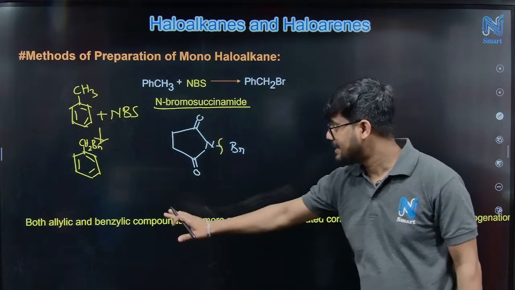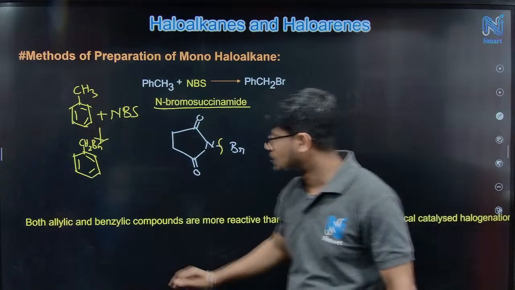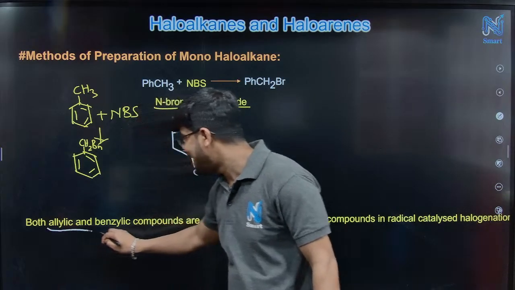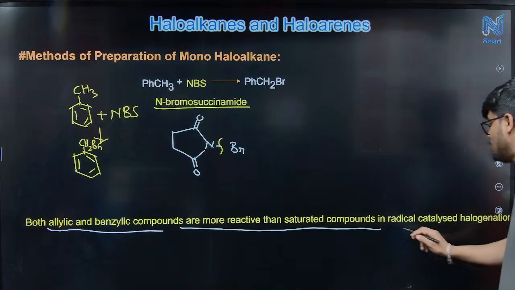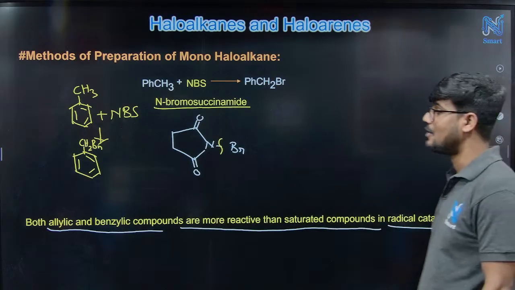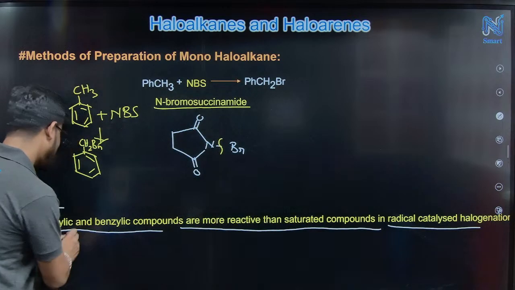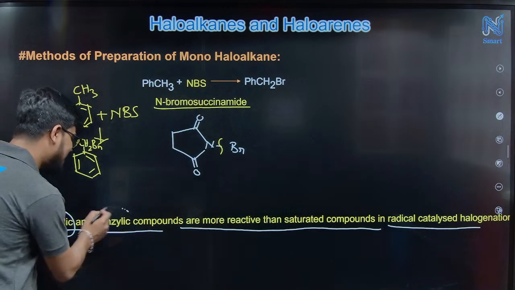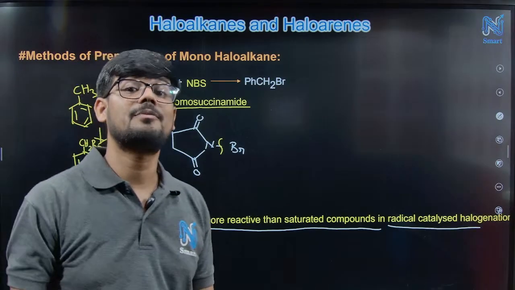This sentence is very important, because here we are saying allylic and benzylic compounds are more reactive than saturated compounds in radical-catalyzed halogenation reactions. Whenever we have allylic and benzylic systems, they undergo resonance, so resonating structures are possible.